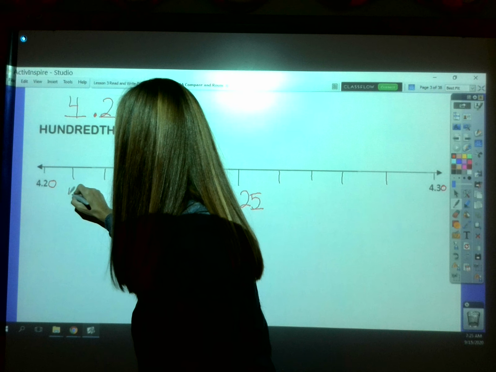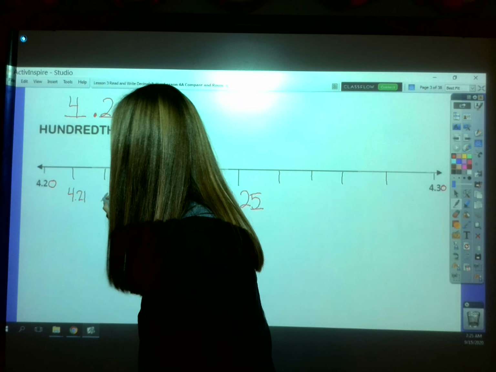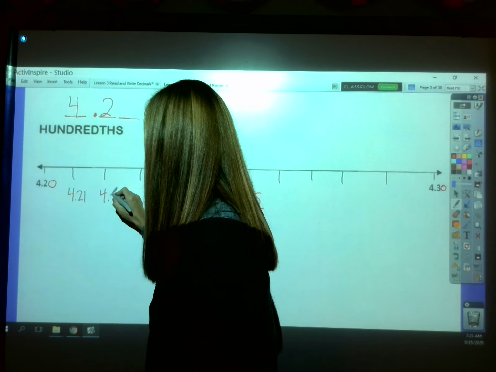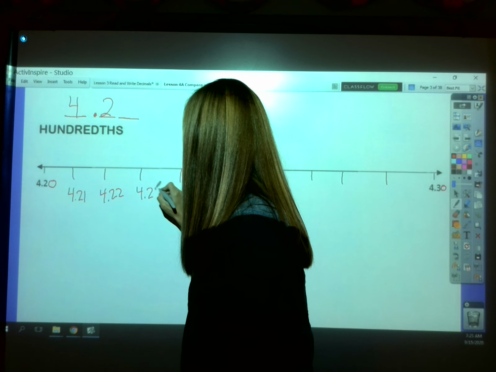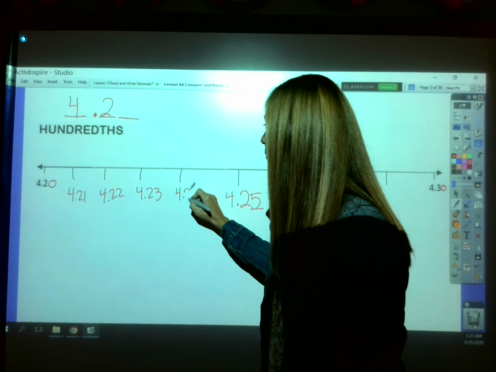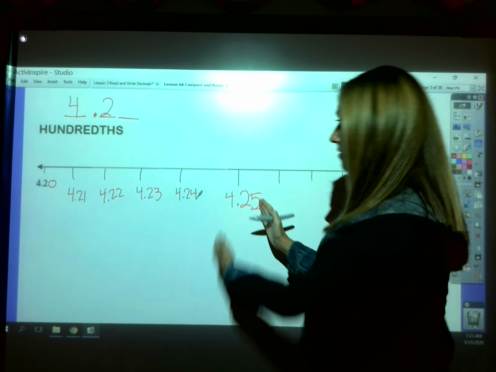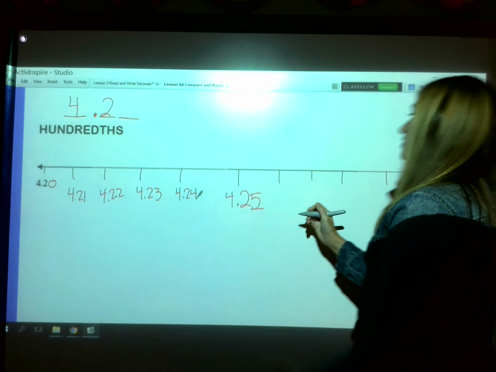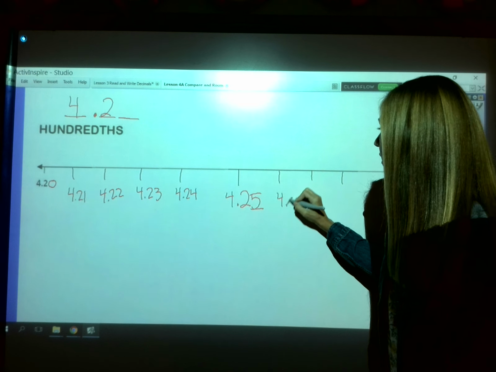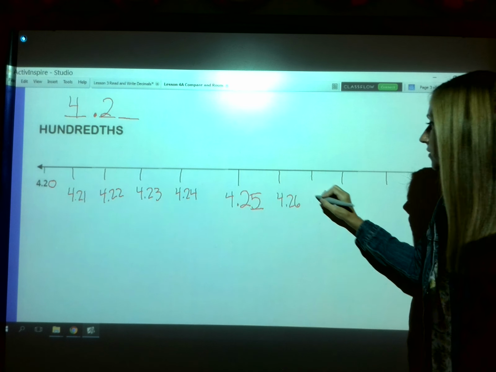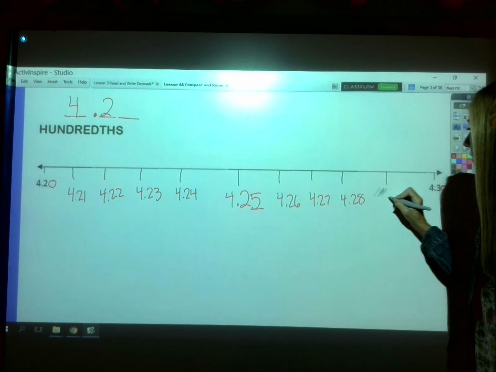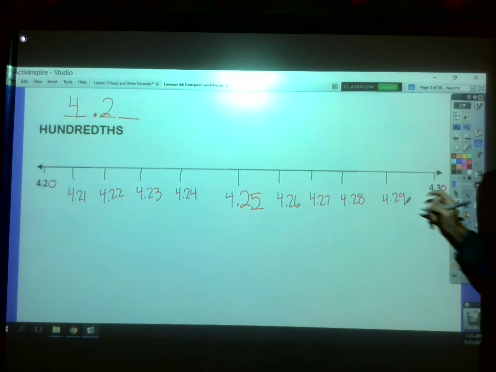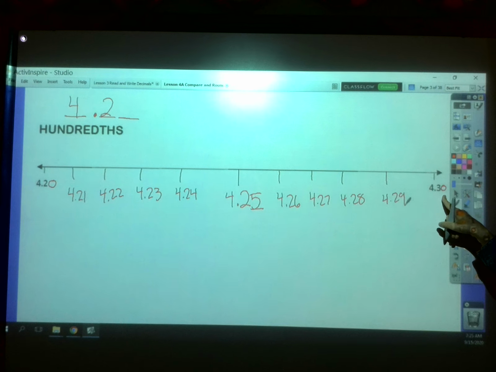So we would have 4 and 21. See how it's counting up in the hundredths, 4 and 22 hundredths, 4 and 23 hundredths, 4 and 24 hundredths, 4 and 25 hundredths, 4 and 26 hundredths, 4 and 27, 4 and 28, 4 and 29, and then we get to our third.